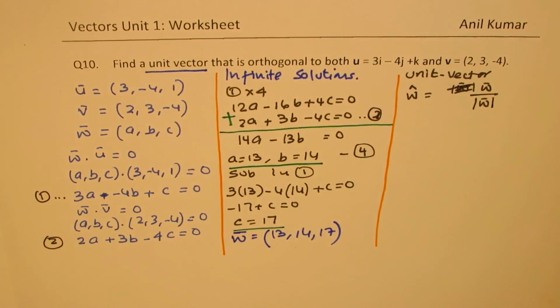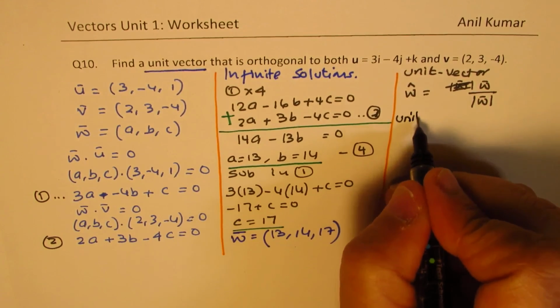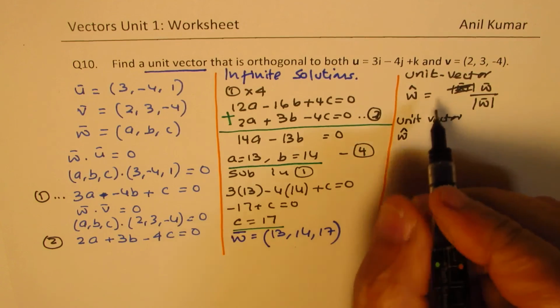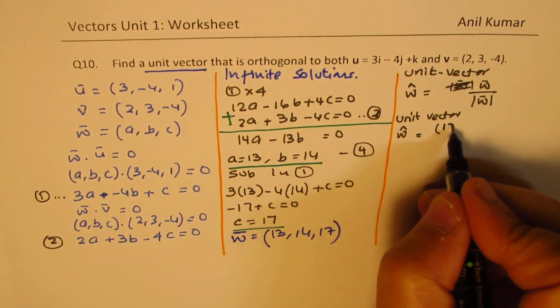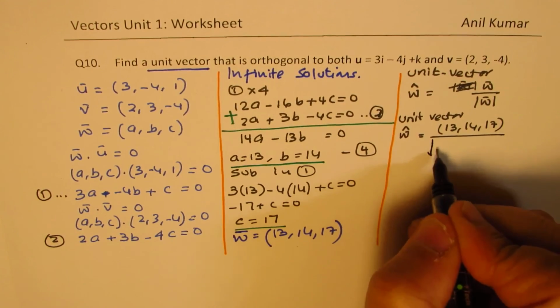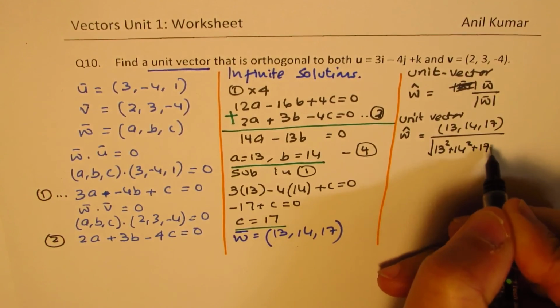Then we get the unit vector. So in our case, the unit vector, which we write as w cap, is the vector (13, 14, 17) divided by the square root of 13 squared plus 14 squared plus 17 squared.